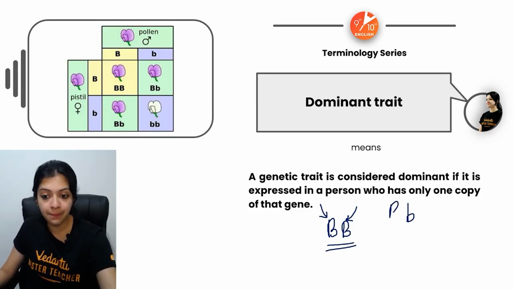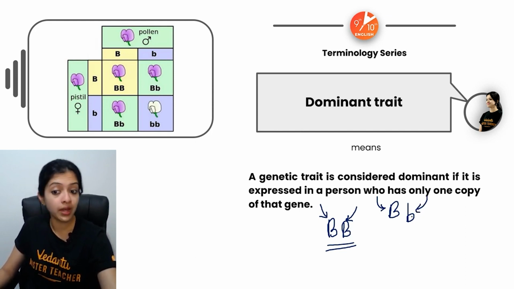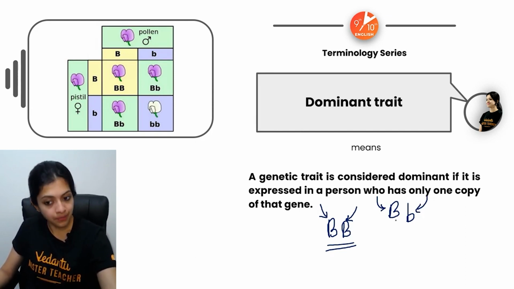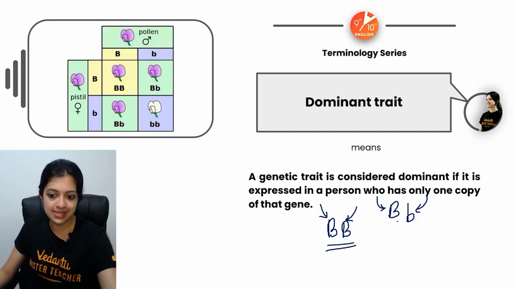Sometimes a person may get the brown eye allele from mom and the blue eye allele from dad. What happens in that case? The thing to note is that the brown eye allele is dominant over the blue eye allele, and as a result only this gets expressed.